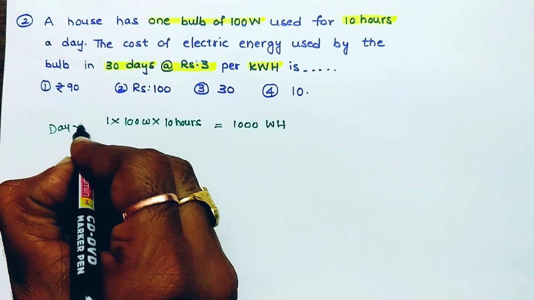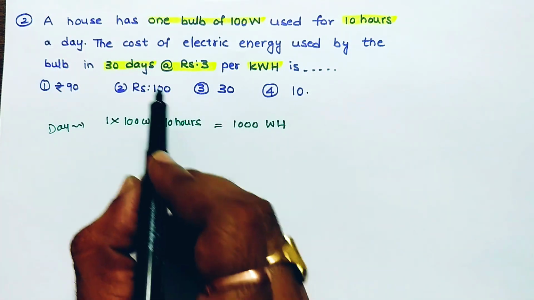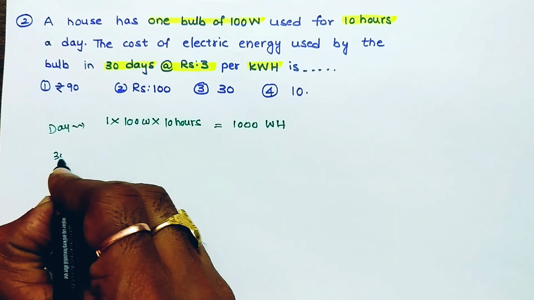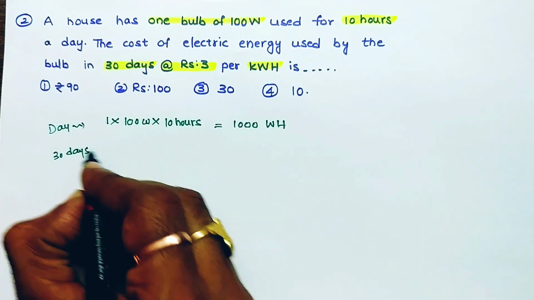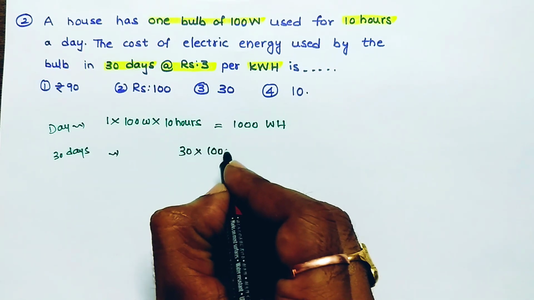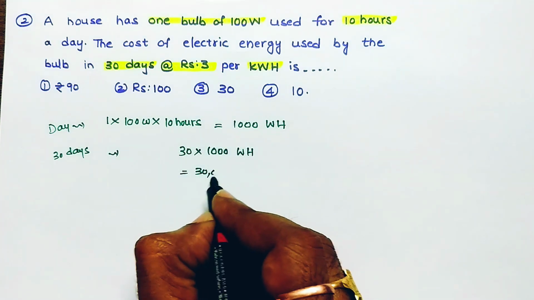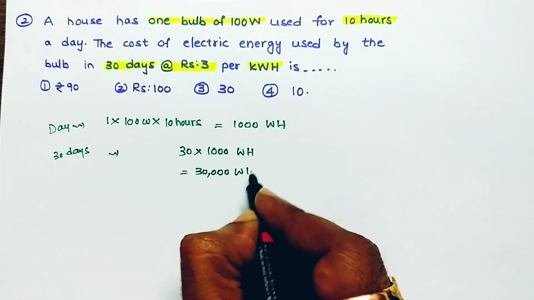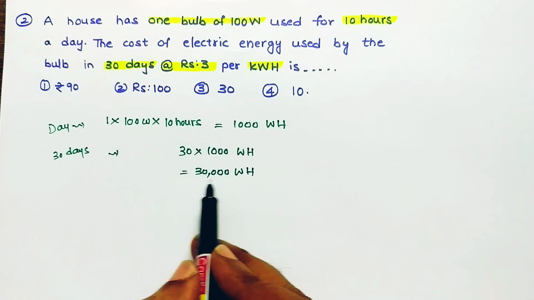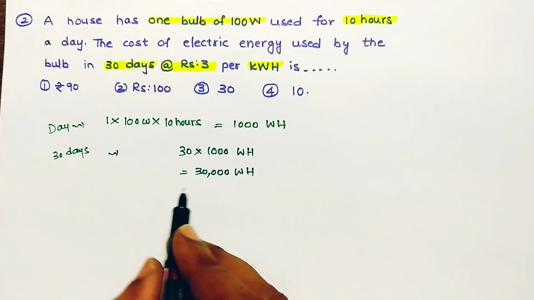This is meant for one day, and we have to calculate the power consumption for 30 days. For 30 days it becomes 30 into 1000 watt hours. This is equal to 30,000 watt hours. So we have to convert this watt hours into kilowatt hours.